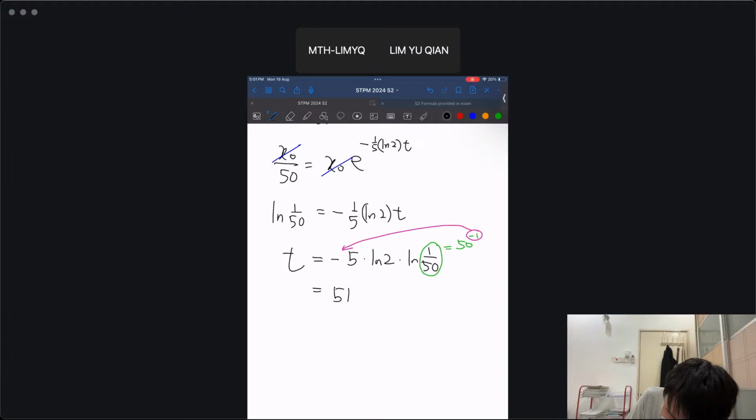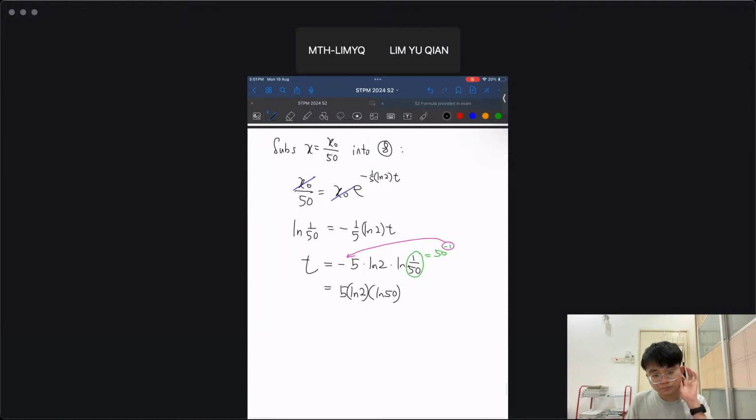So it is just 5 ln 2 multiplied by ln 50, or in decimal, 5 ln 2 times ln 50 equals 13.558, to 3 dp. Hours. You must tell it is hours.